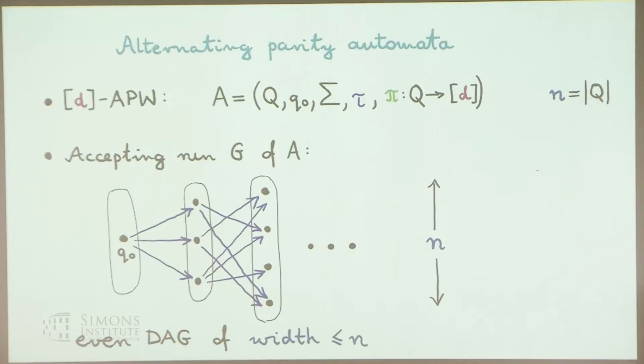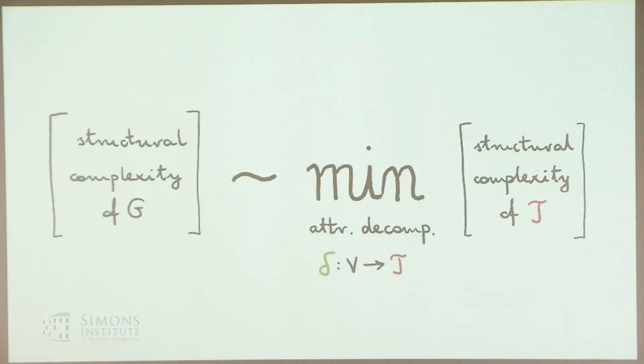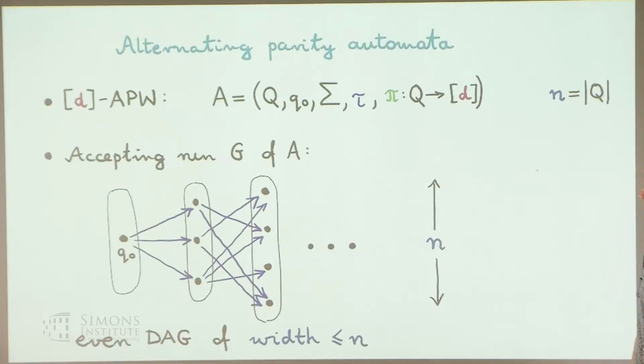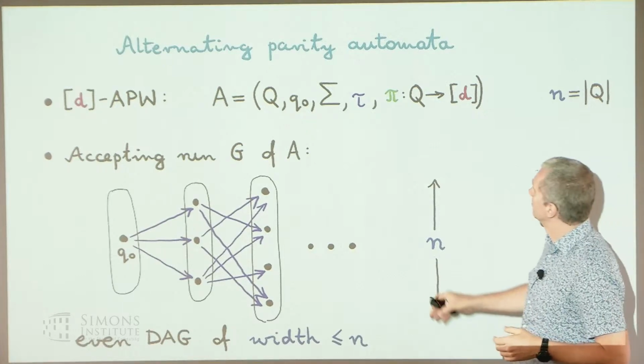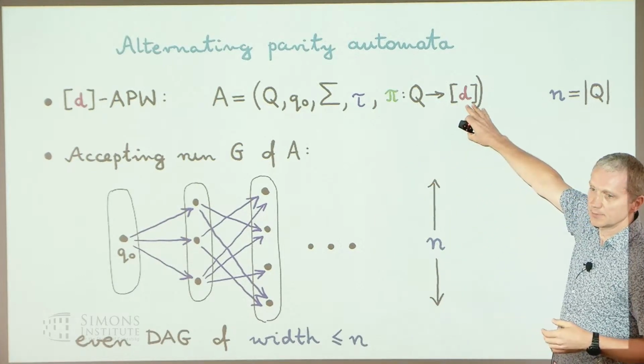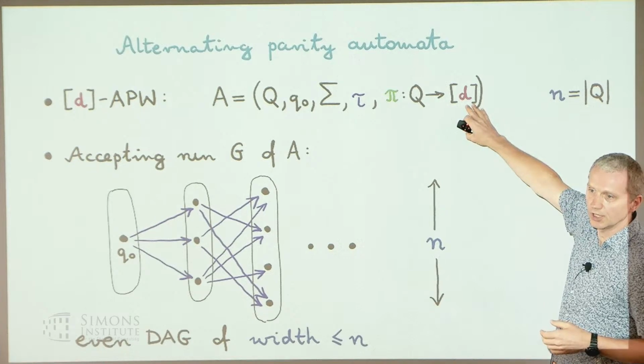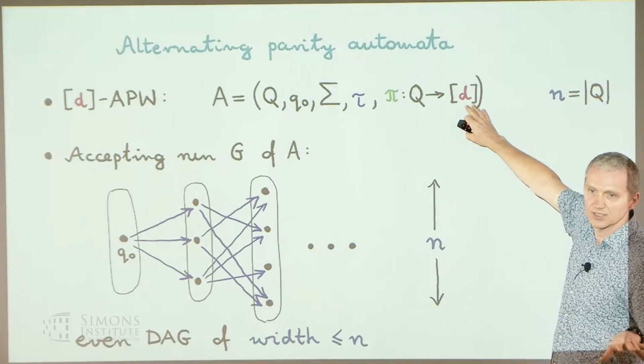Right. So now for the first theorem that I would like to show you, the first case study where we try to make this proposal concrete. It's to do with alternating parity automata. So they are parity automata. We have acceptance conditions which are like in those parity graphs that I discussed, right?